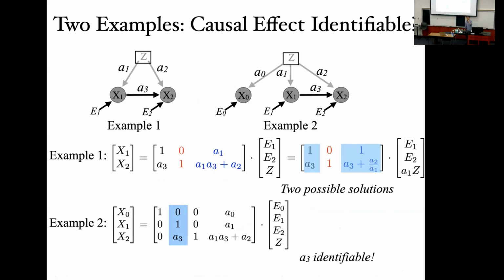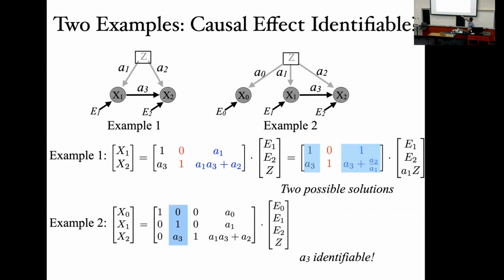I will not really explain why, but basically the condition is the following. If the independent variables Z, E0, E2 do not have the same support, and here I define support as the variables that are influenced by the latent variable, then on that condition the solution will be unique.